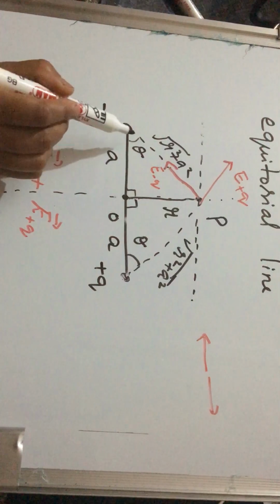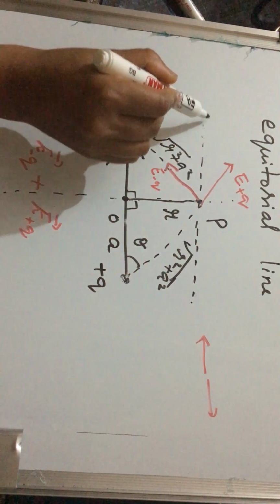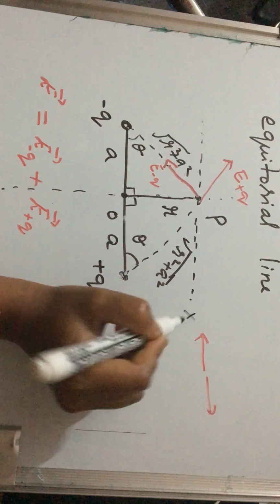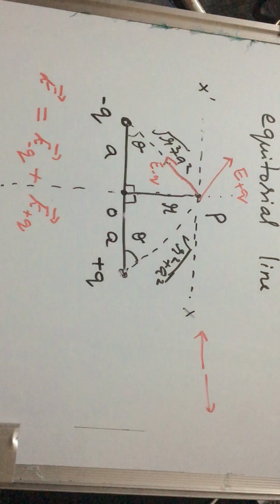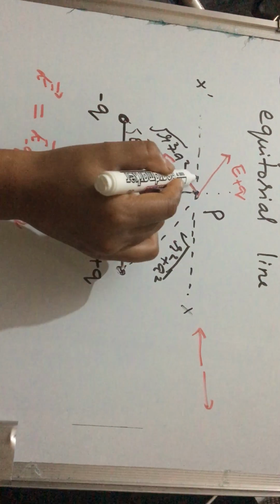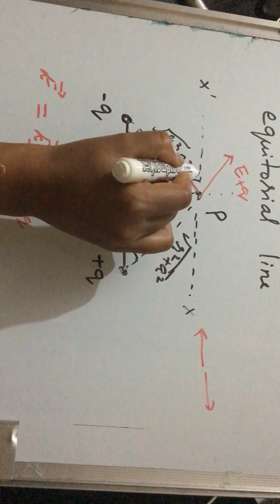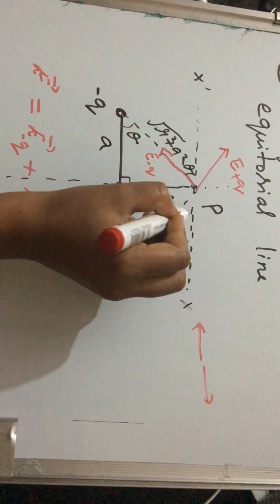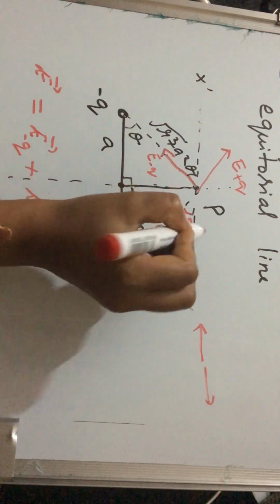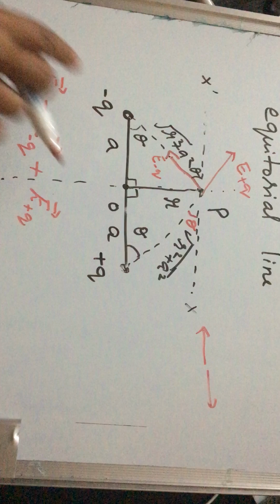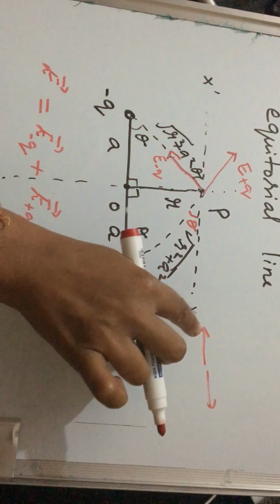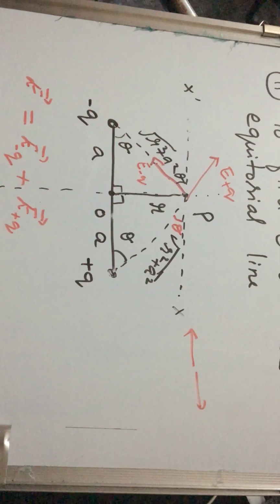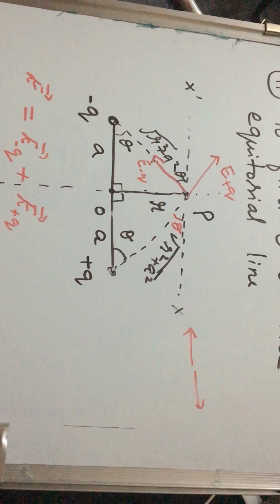If this angle is theta, the construction which I have made, can I call this an x dash axis? If this is theta, what would be the measure of this? Theta. I hope it is clear. Then if this is theta, this will be theta. What is the reason? They are alternate opposite angles, as x dash x and q minus q are parallel. So I hope we can catch it this much.